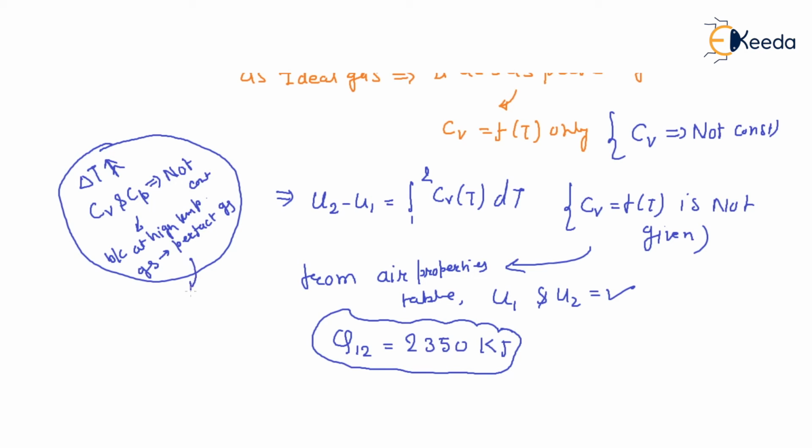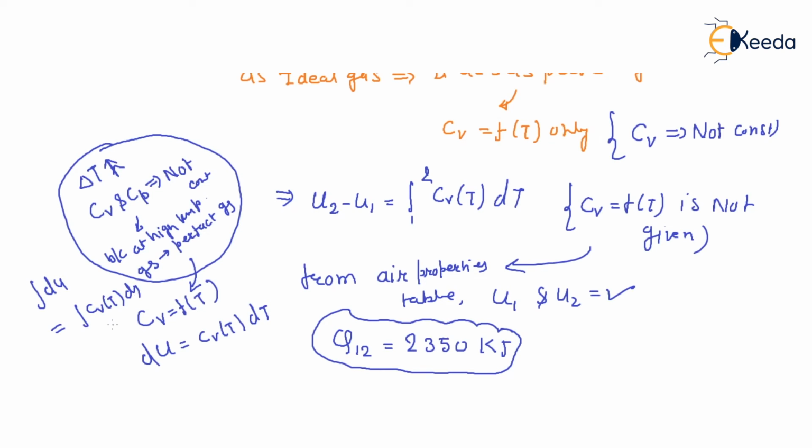So for that, CV is a function of temperature. If you find du, you have CV of T into dT.